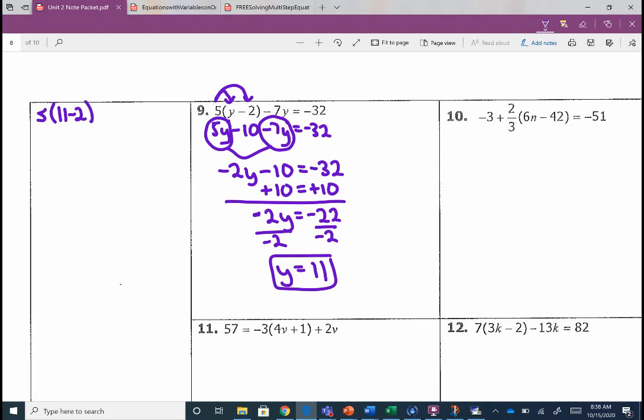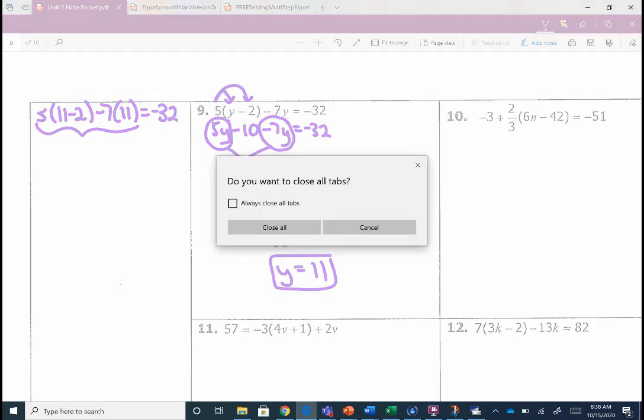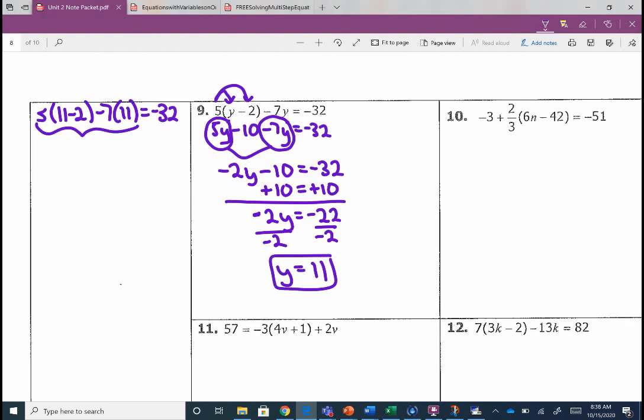Minus 7. Instead of y, I put 11. Put this side in your calculator. Every parenthesis you see, subtraction, whatever you've got, put that entire left side in. All I did to check, any place I saw a y, I put an 11 instead.